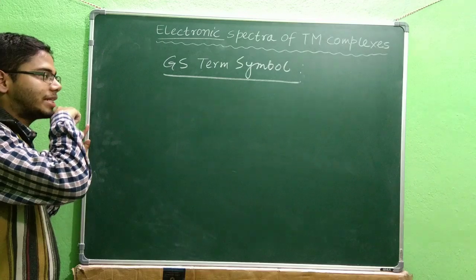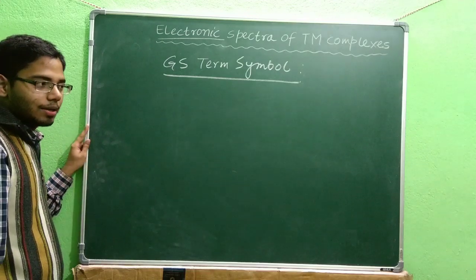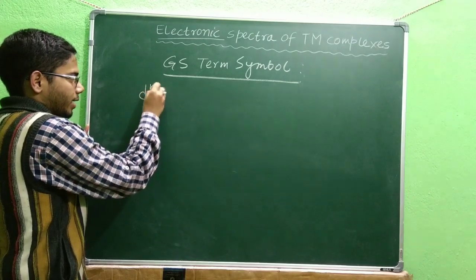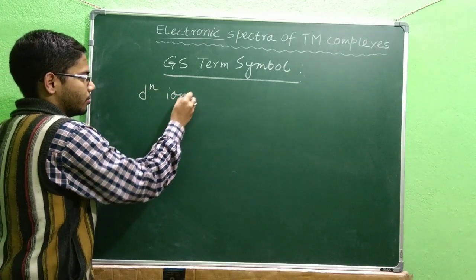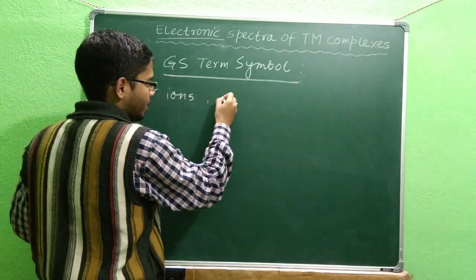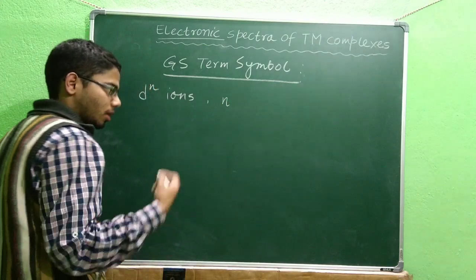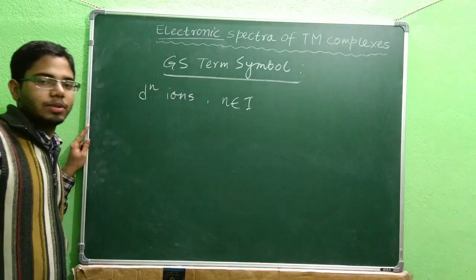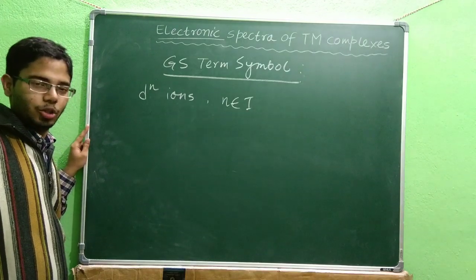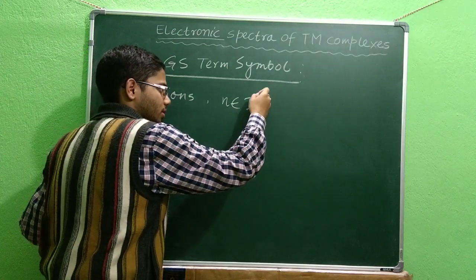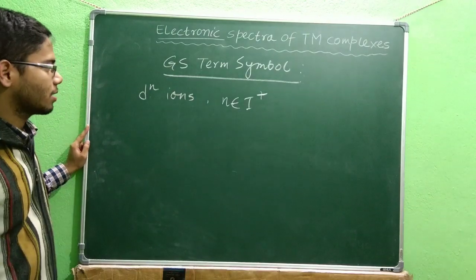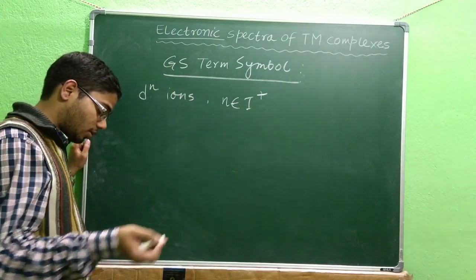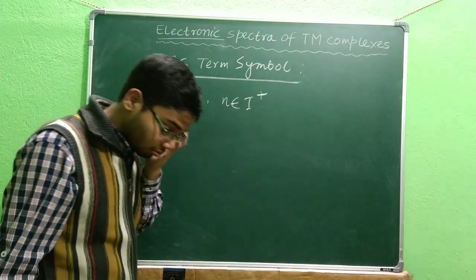So, ground state term symbol: we will consider only dⁿ ions over here, where n belongs to any integer. That means n could be 0, 1, 2, and so on.